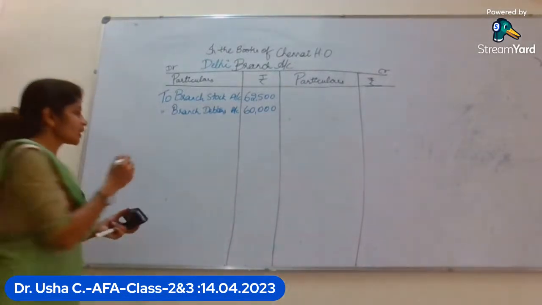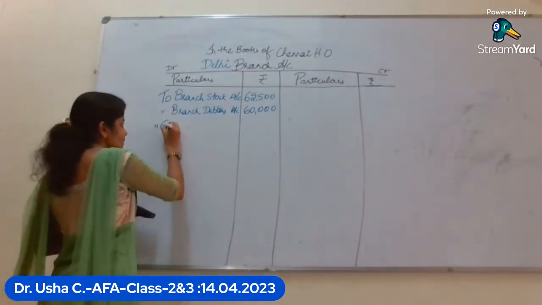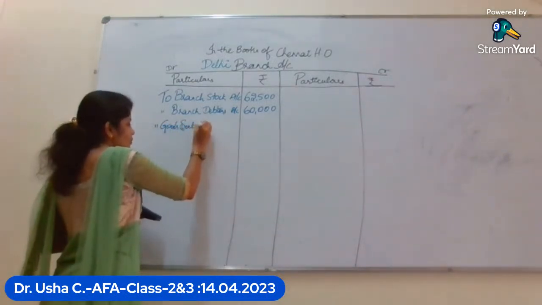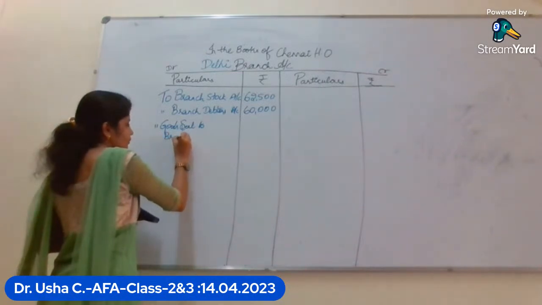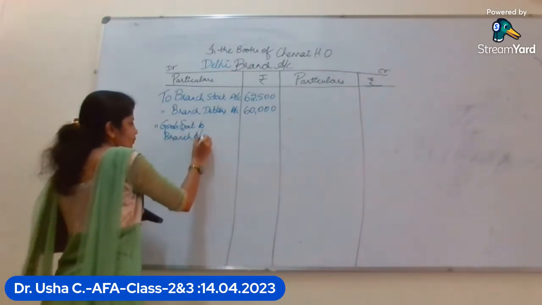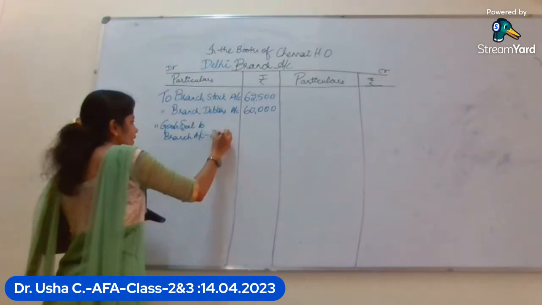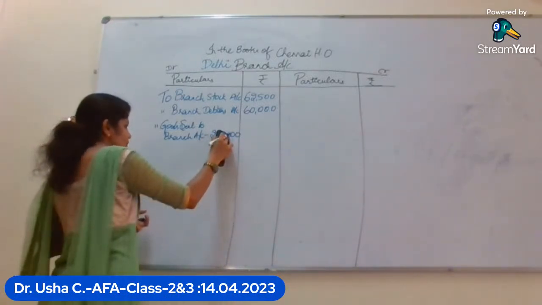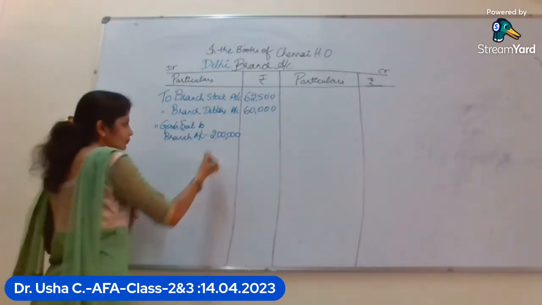Branch account debtor to goods sent to branch account. What is the amount of goods sent to branch account? It is 2 lakh.